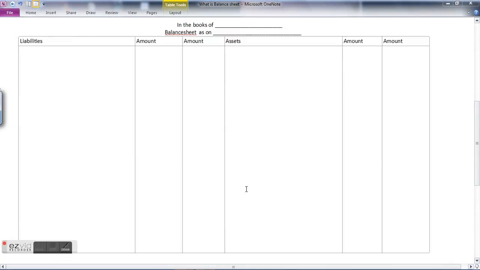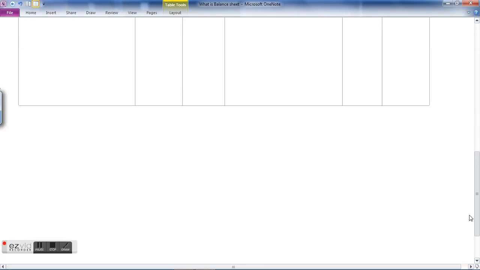Now this is the format of a balance sheet. In the books of so and so, balance sheet as on so and so date, or balance sheet as at. This is how you word it. The balance sheet has liabilities, amount, assets, amount. As explained in my earlier video, there are three types of accounts: real account, personal account, and nominal account.